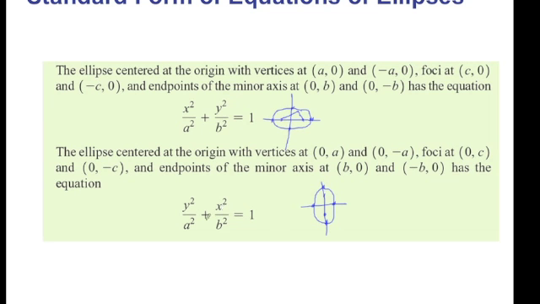Still drawn the same way. Now this is written y squared over a squared plus x squared over b squared equals 1. Notice, where the number under the x is bigger, it's going to be a horizontal ellipse. If the number with the y is the bigger one, that makes it the vertical ellipse. But notice both of these fractions equal 1.